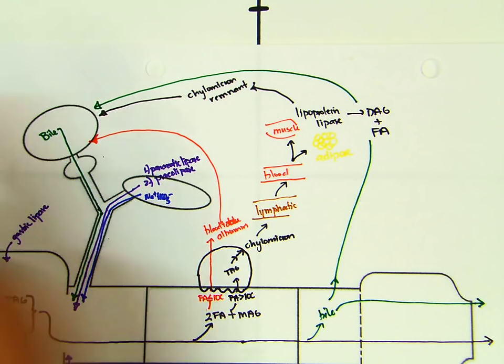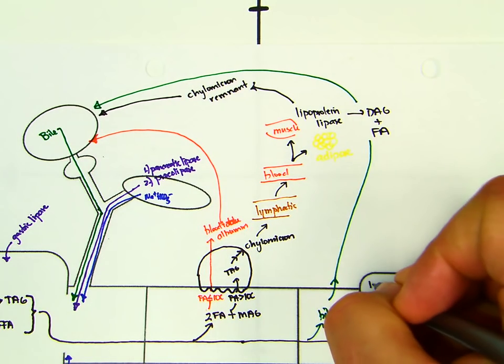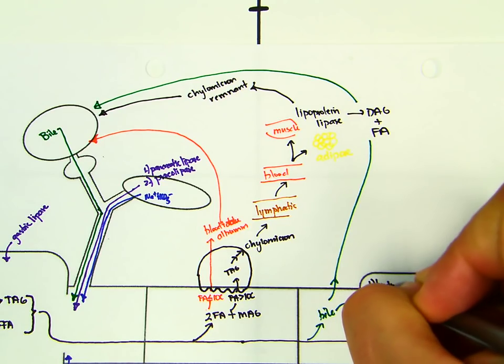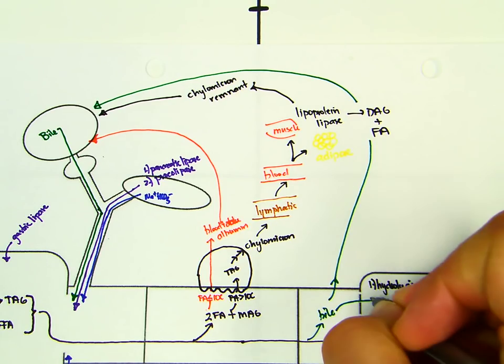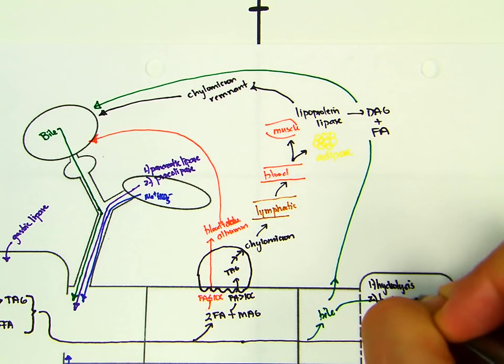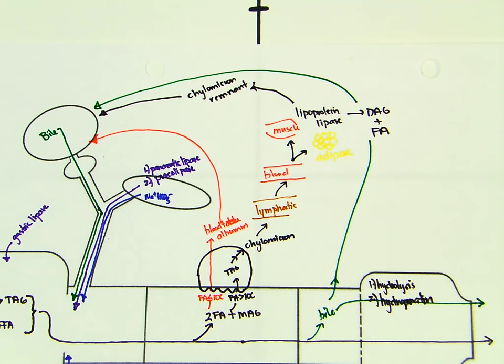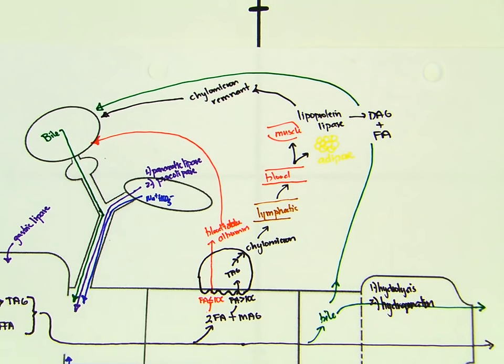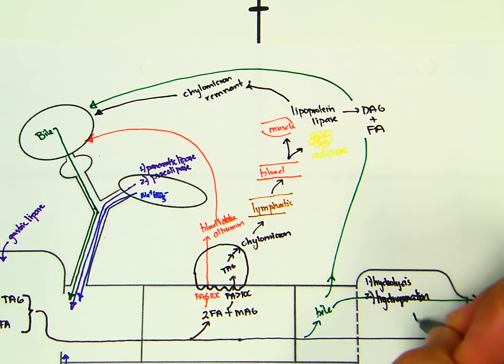In the large intestine, we can have the same hydrolysis and hydrogenation that we have in the rumen of the cow and the large intestine of the horse. Again, it's probably not going to be a lot because the large intestine is relatively small. We may have some VFA production from glycerol.